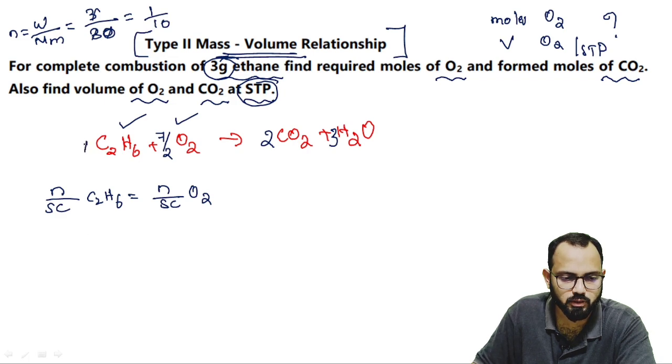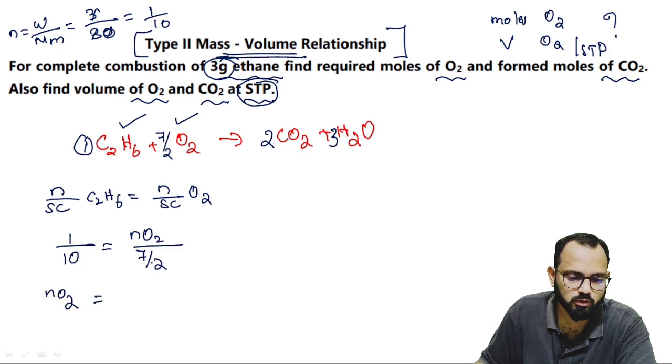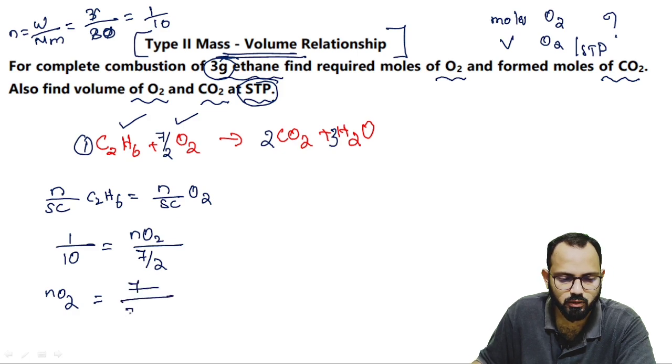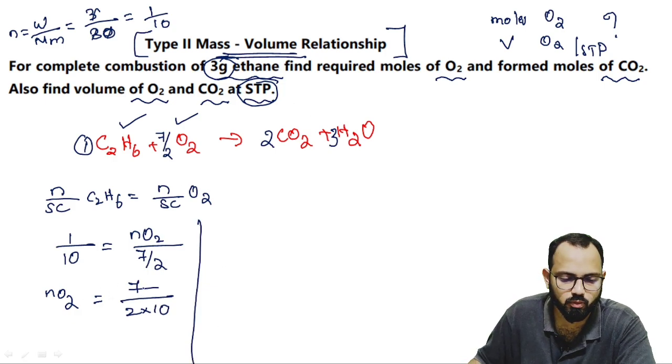The stoichiometric coefficient is 1, so it's 1 by 10. And here the number of moles of O2 I don't know, and the coefficient is 7 by 2. So n of O2 is equal to 7 by 2 into 10. What I needed is the number of moles of O2. This is the number of moles of O2, 7 by 20.